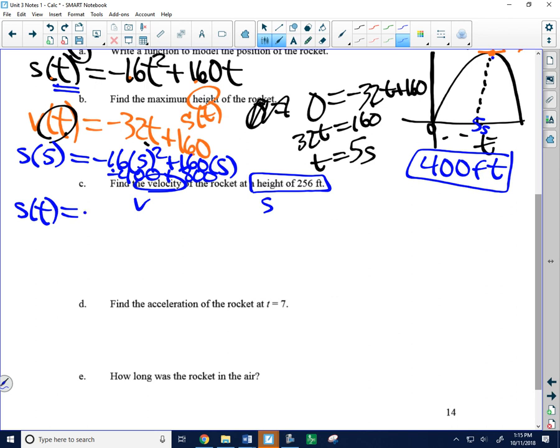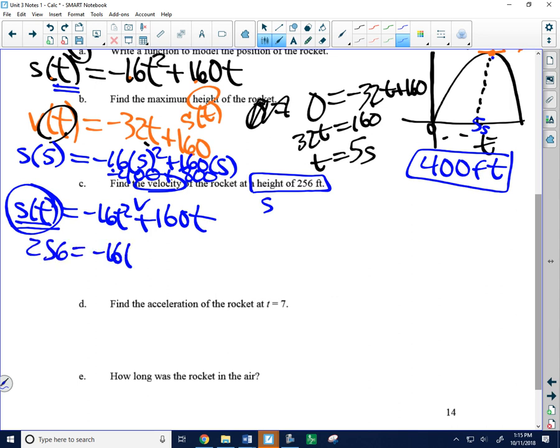Negative 16t squared plus 160t. So they're telling us the height is 256. This whole thing is the position or height. So I'm going to put 256 in.